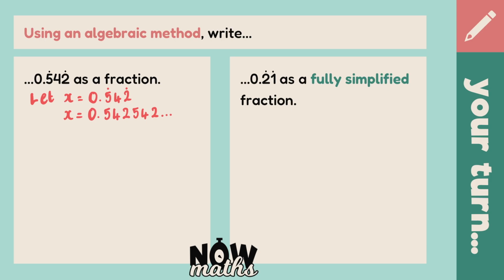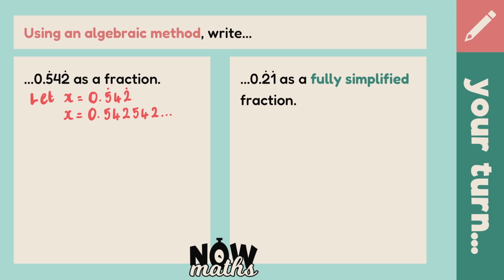Now for this question, I'm actually going to use a little trick that might help us out. Because there are 3 digits directly after the decimal point that are recurring, I know that in order to obtain another decimal that looks exactly the same after the decimal point, we need to shift this decimal 3 places over to the left. In order to shift the decimal 3 places over to the left, that means multiplying by 1000.